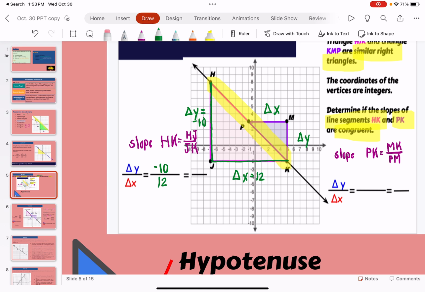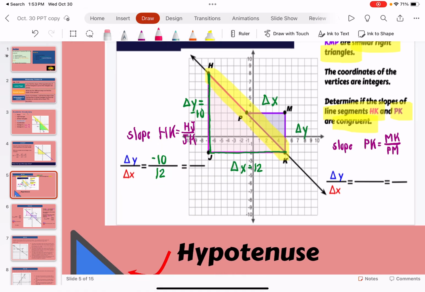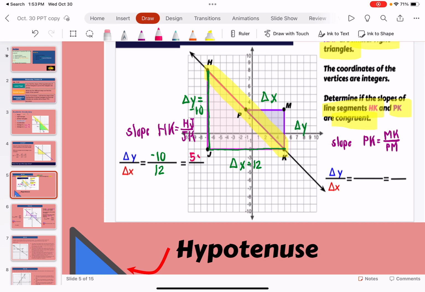Okay, so we have our slope as a fraction, and I want to simplify it. I want to put it in simplest form. So to do that, I'm going to go ahead and list out the factors of 10 and 12. So the factors of 10 are 5 times 2. The factors of 12 are 3 times 4, but 4 can be broken down into 2 times 2. So now I'm going to cross out the common number, the number that's the same on top and bottom, so that's the 2.